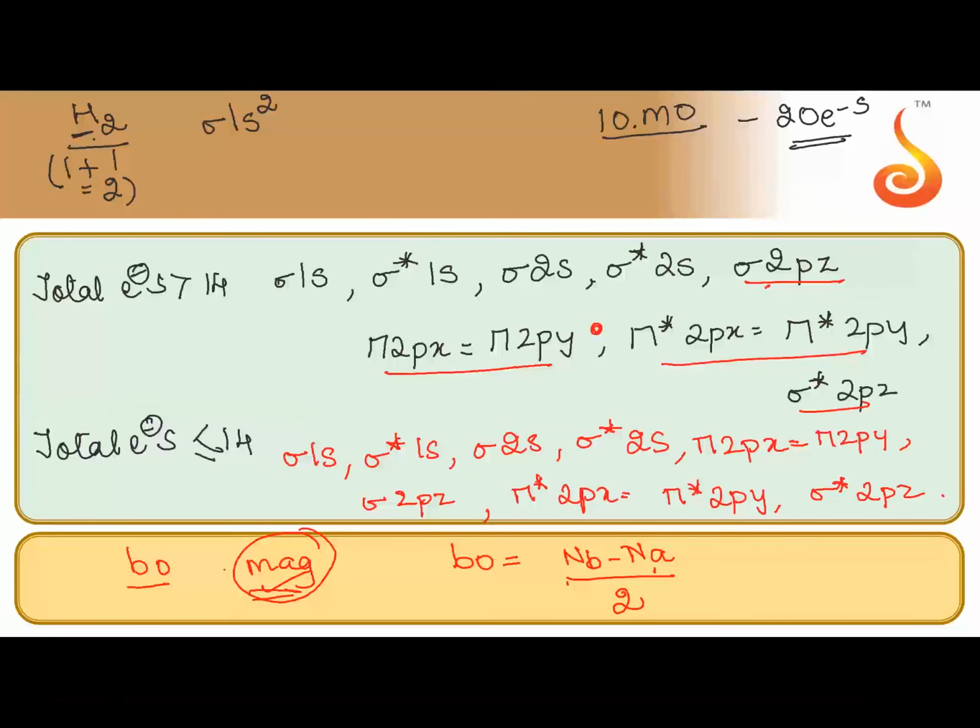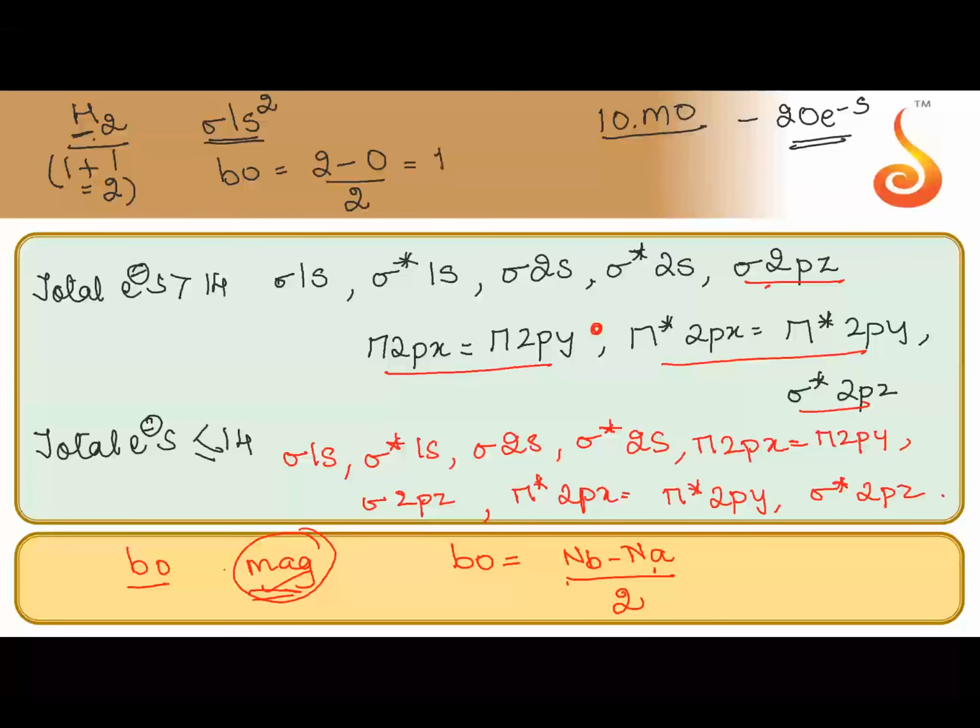That's all. Configuration is done. Now what do we do? Let's calculate bond order. Bond order equal to 2 minus, that is number of electrons in bonding, minus 0, divided by 2. What is the answer to this? 1. Meaning between hydrogen and hydrogen atom, there is 1 bond.